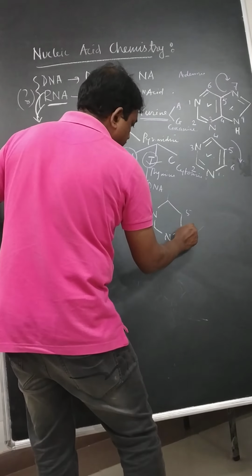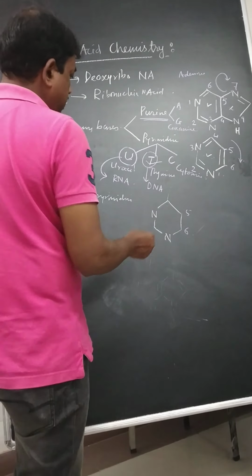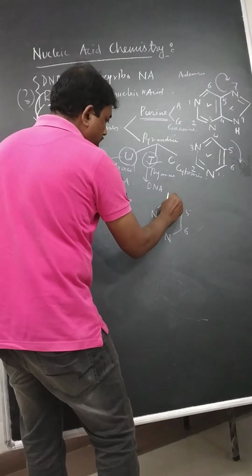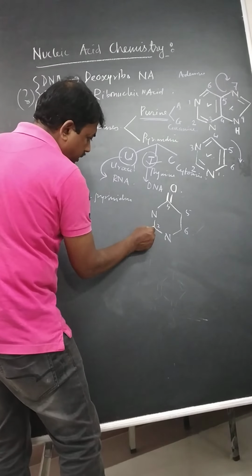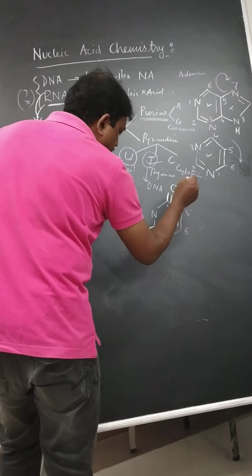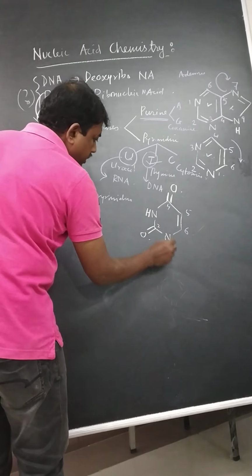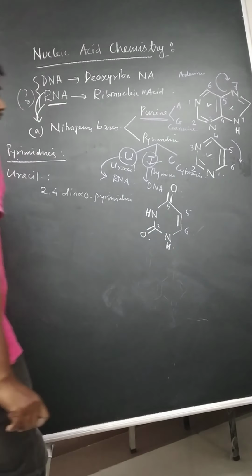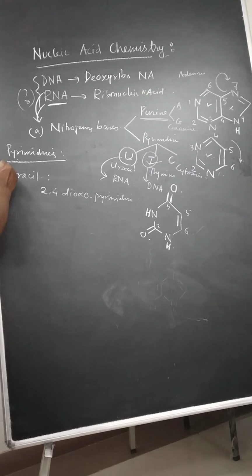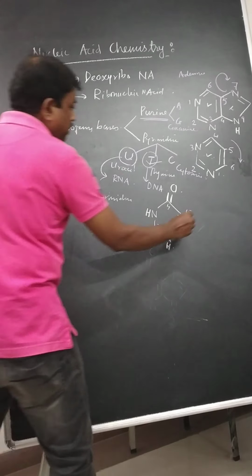Ascertain the position. 5, 6. So this is 4, this is 2. Now put one oxo group here, another oxo group here, so that only one double bond will be here, and there will be addition of reducing equivalents. So this is known as 2,4-dioxopyrimidine. It is known as uracil, simply written as U.